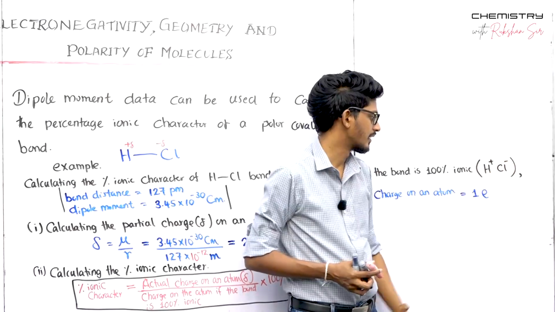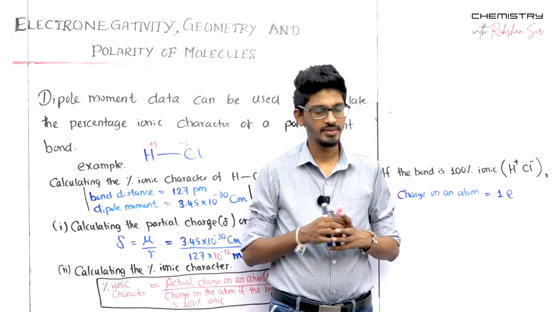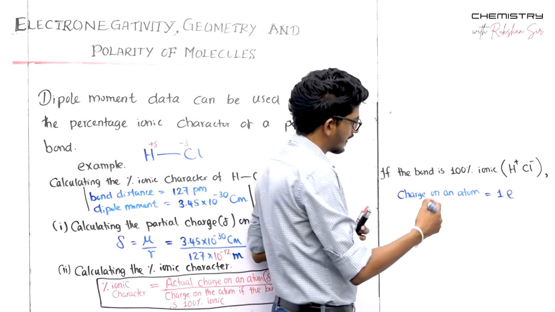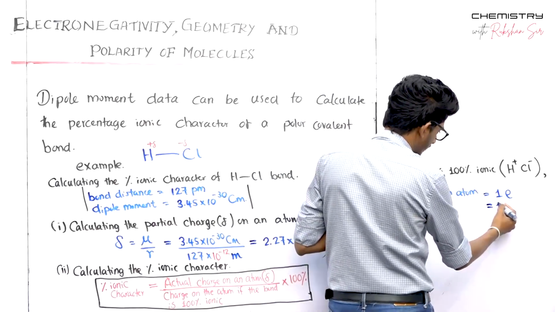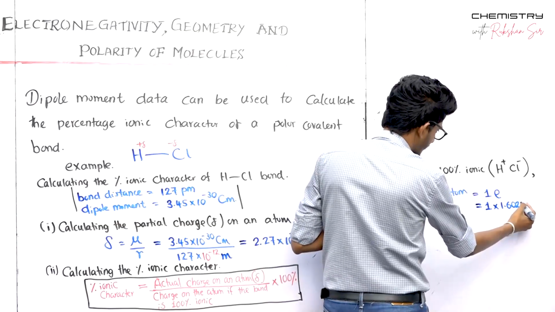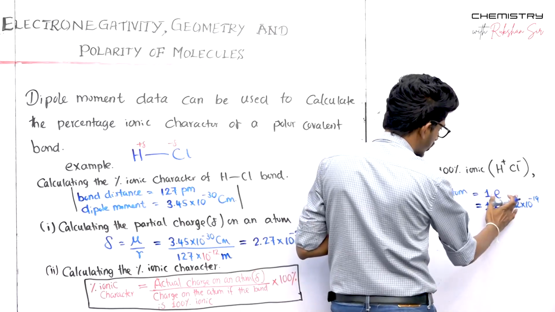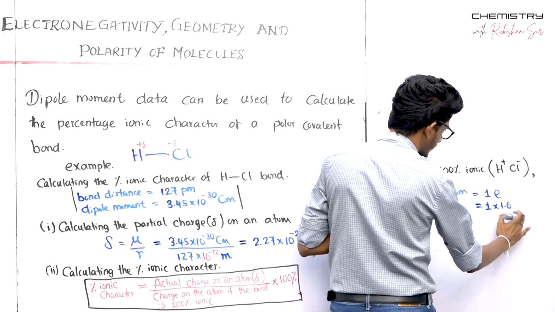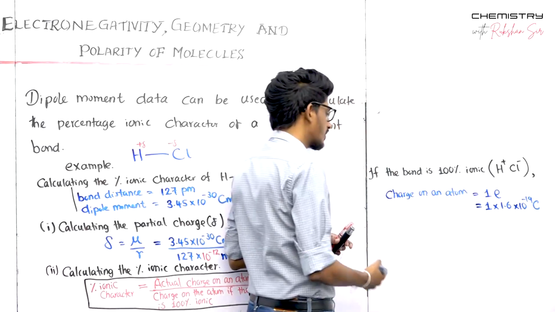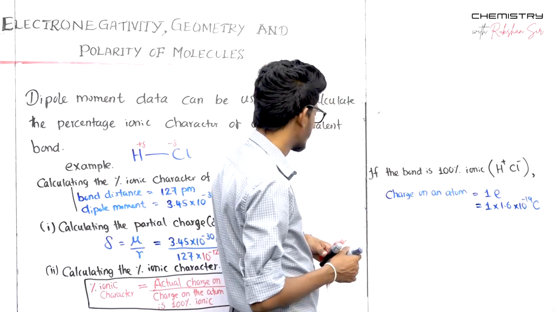That is what we need, the Coulombic charge, not the relative charge. So the charge on an atom is 1e, which is 1.602 into 10 to the power minus 19 coulombs. Let's write it as 1.6 into 10 to the power minus 19 coulombs.